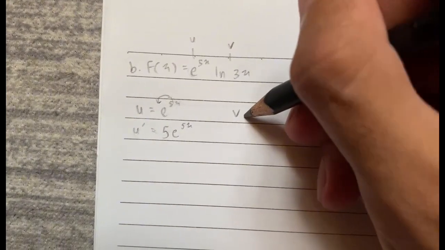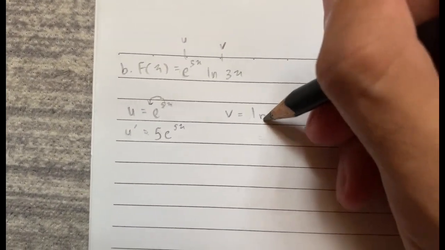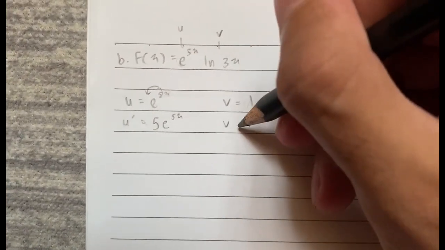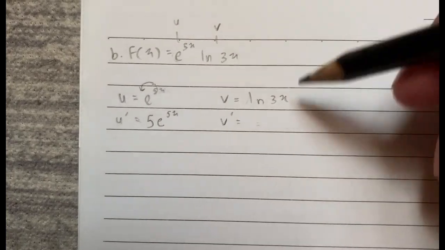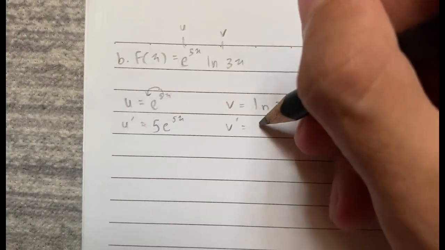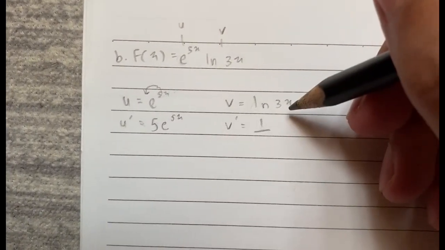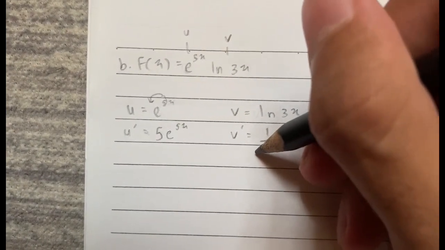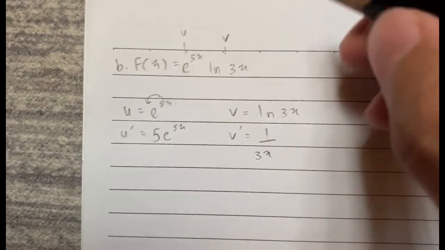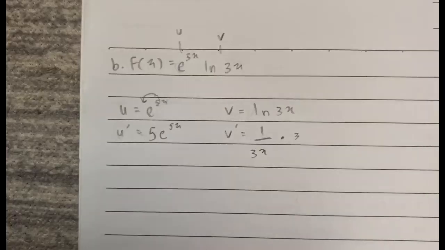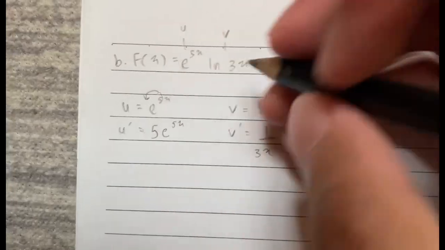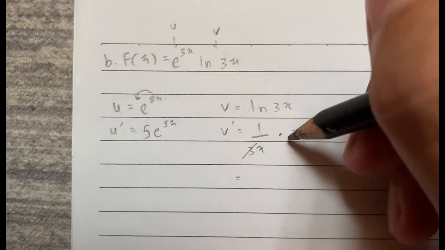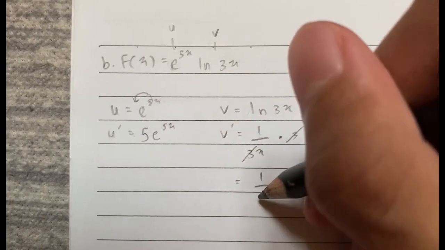For v, it is ln 3x, and v prime is 1 over 3x multiplied by 3. Then we cancel this because it is the same, so we get 1 over x.